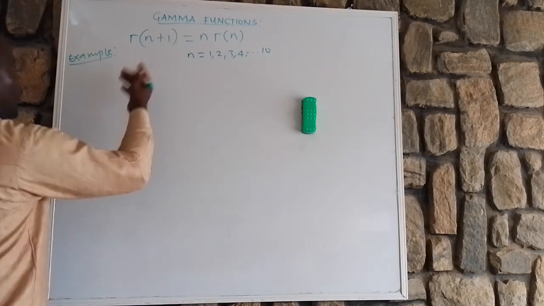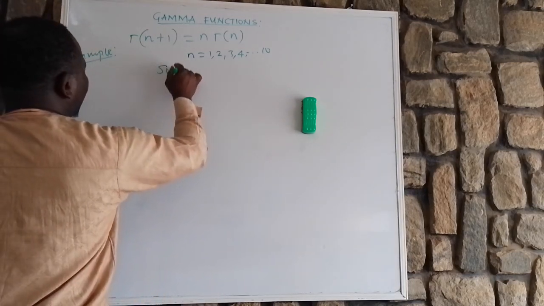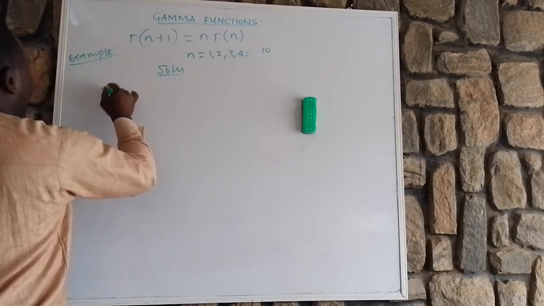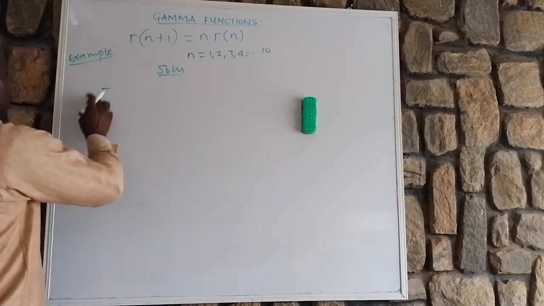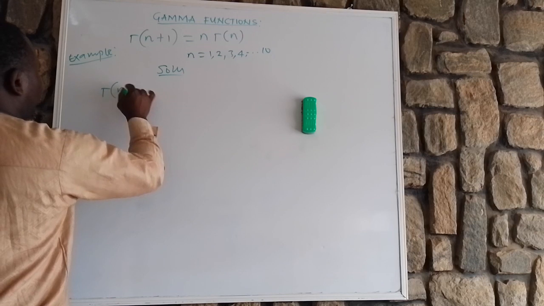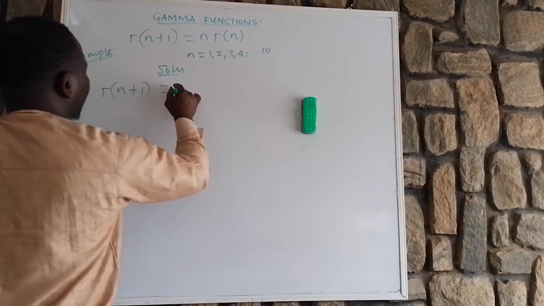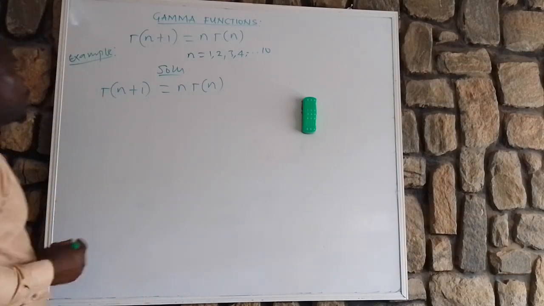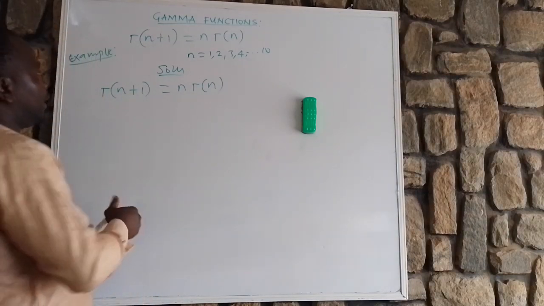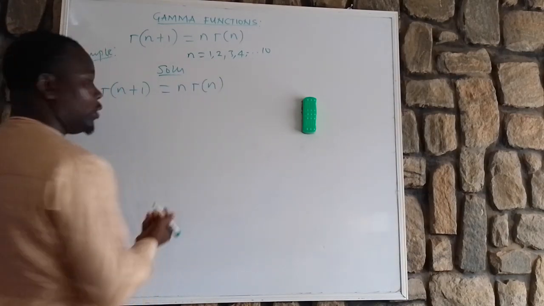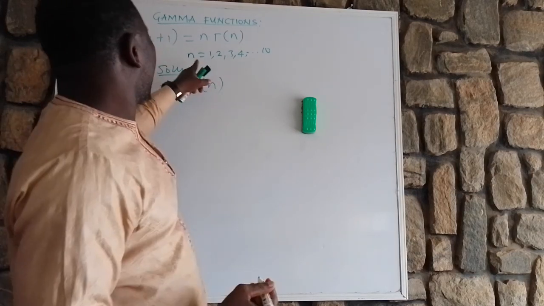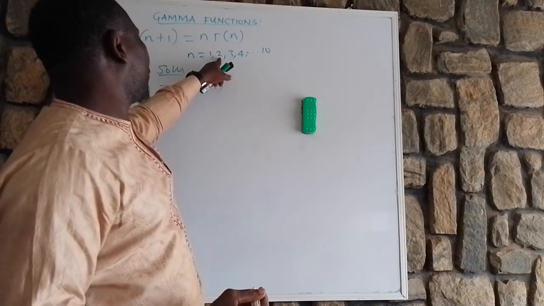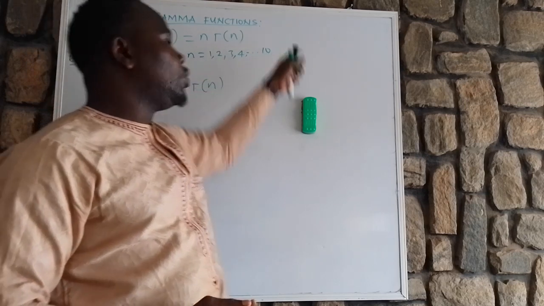So now let's recall the formula. We write solution. Our gamma, this is not R, please take notes, of n plus 1 is equals to n gamma of n. Now, if n is equals to 1, let us assume, since we have n equals to 1, 2, 3, 4 to 10.